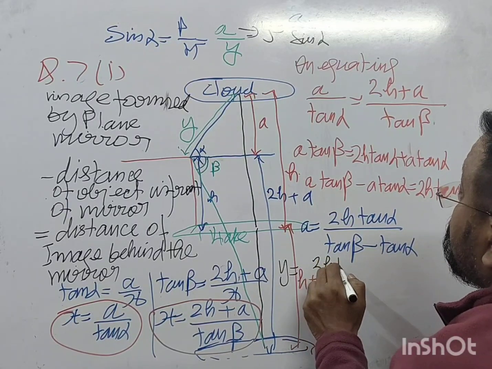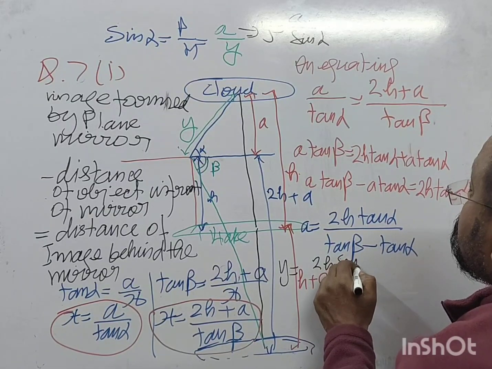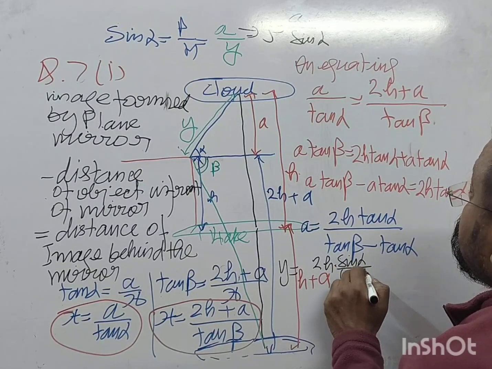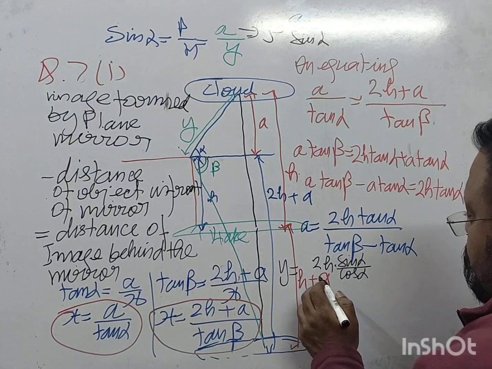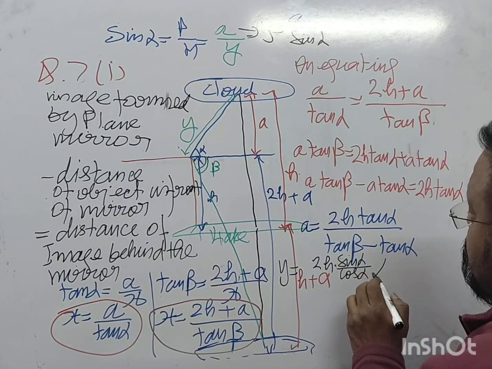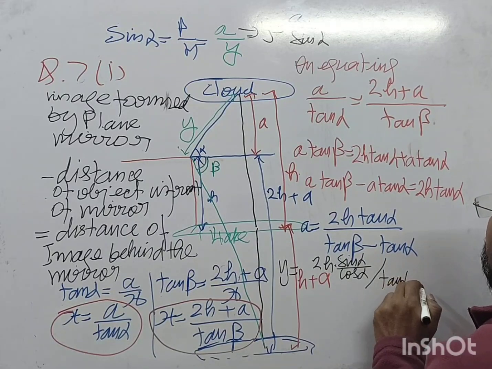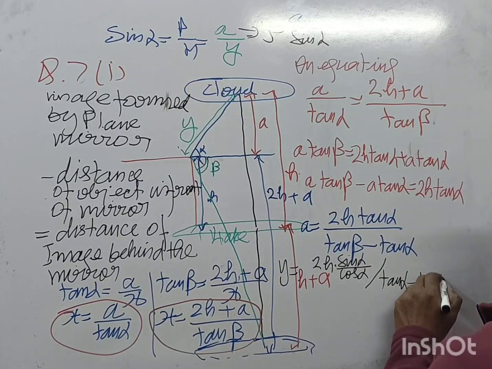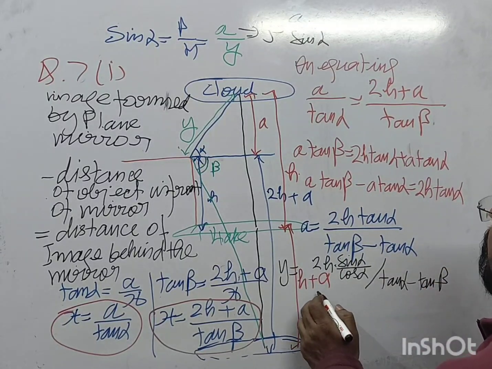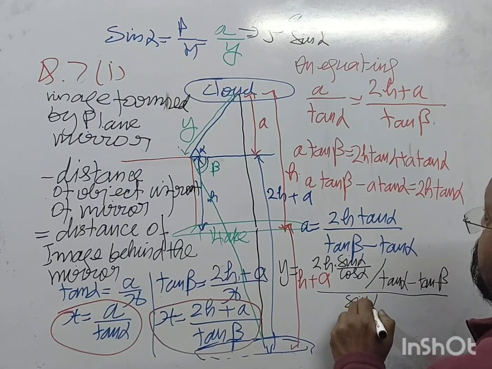And A is what? 2h tan alpha upon tan beta minus tan alpha. Tan alpha we can write as sine alpha upon cos alpha. Is it? All upon sine alpha, right?